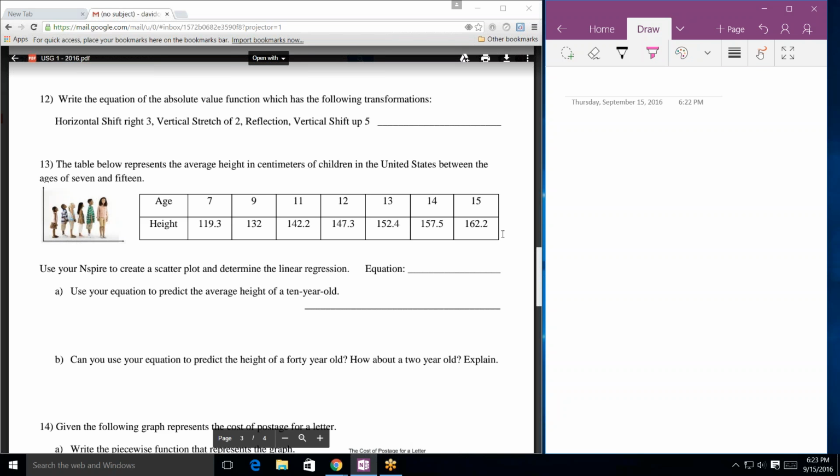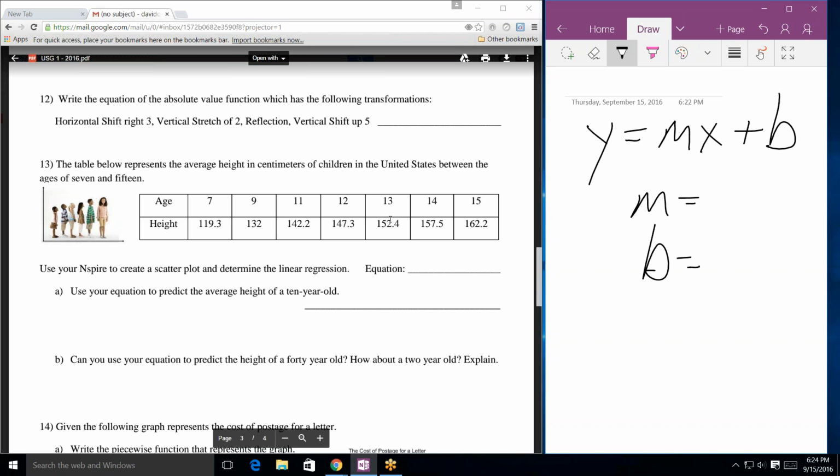And then what you do in your Inspire is you say, give me a linear regression using list 1 and list 2. And what it will do is give you the equation in y equals mx plus b format, and it will tell you what m is and what b is. In other words, it'll give you numbers for that.